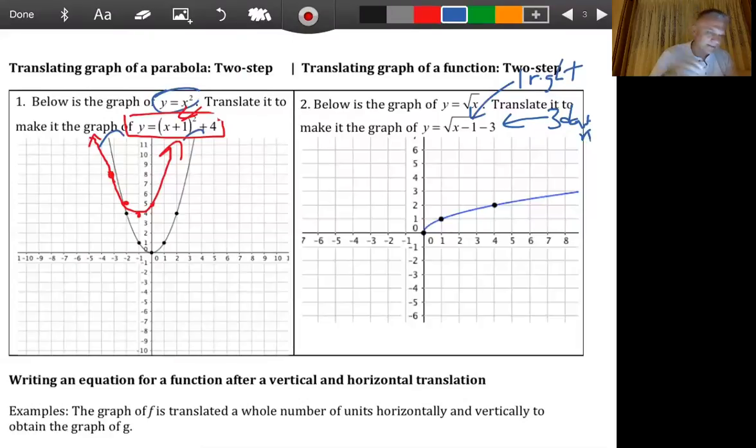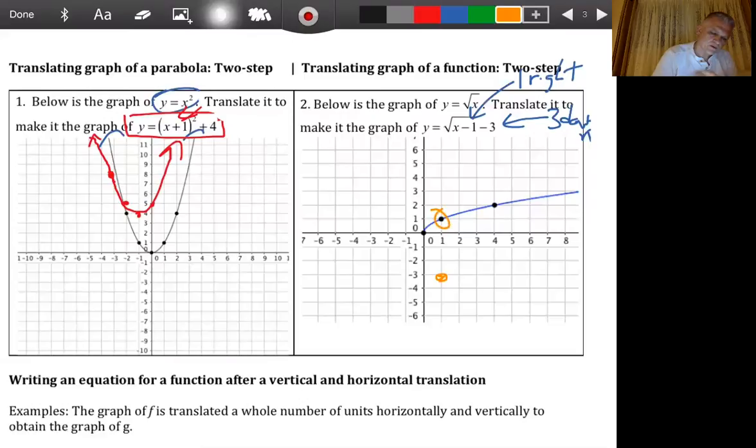Down. All right. So let's take each of these 3 points that they have given us in the parent function, and let's translate each point 1 unit right and 3 units down. So let's take the starting point: 1 unit right, 3 units down.